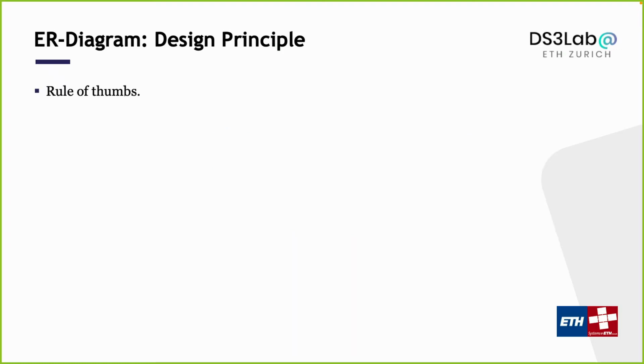There are several rules of thumb here, right? For example, how can we think about attribute and entity? Whether I should model something as an attribute, or whether I should model something as an entity and connect it to another entity with a relationship. It's very hard to have a hard rule to say you always do that. It always depends on your application. But there are some quick rules of thumb.